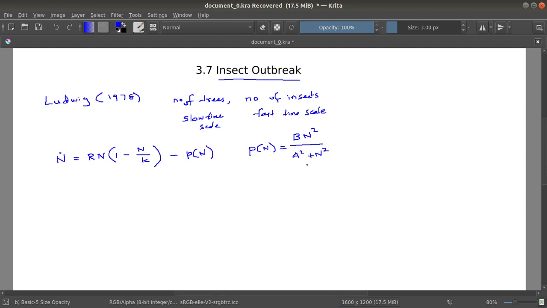So this is the function he assumed, where a and b are some parameters which are not going to change.